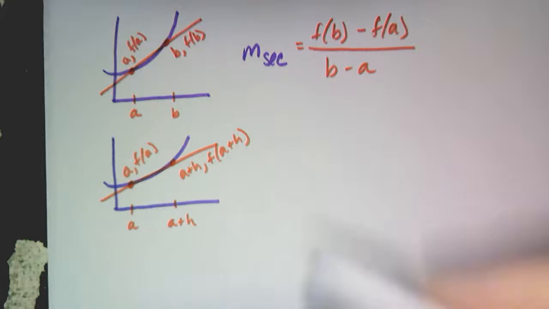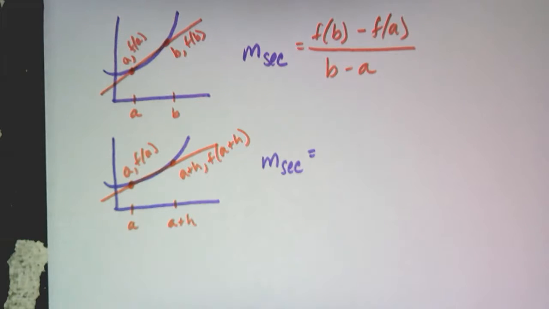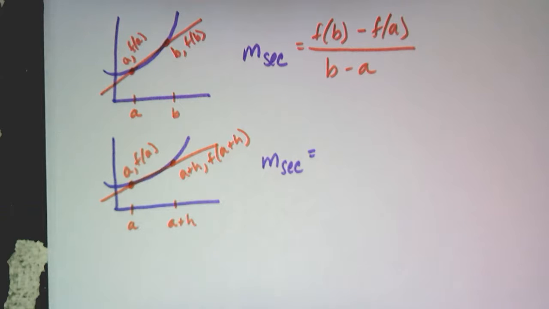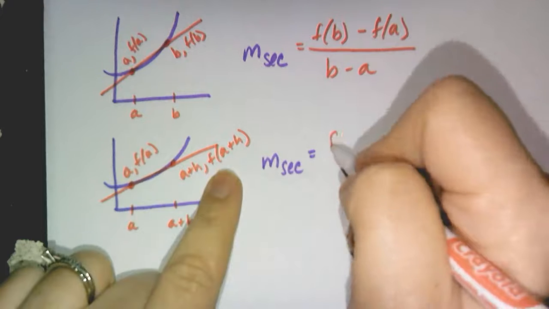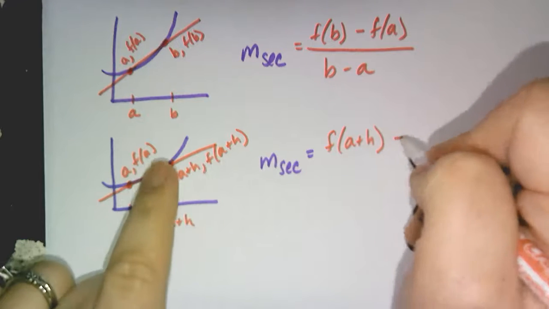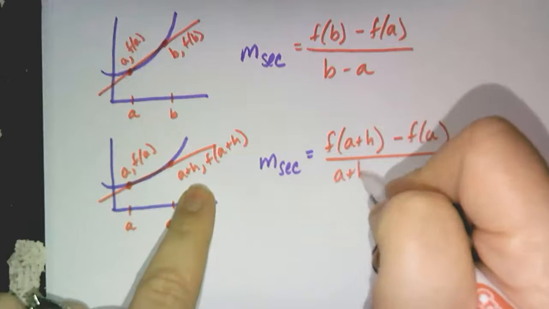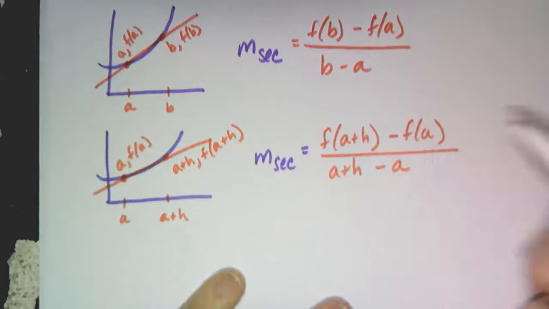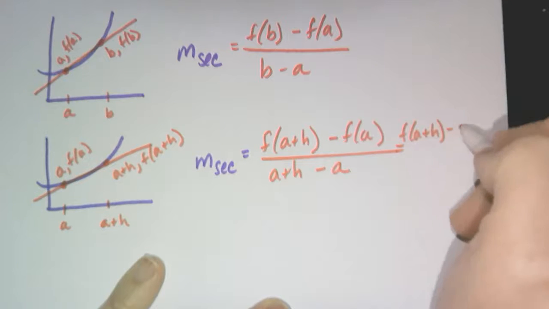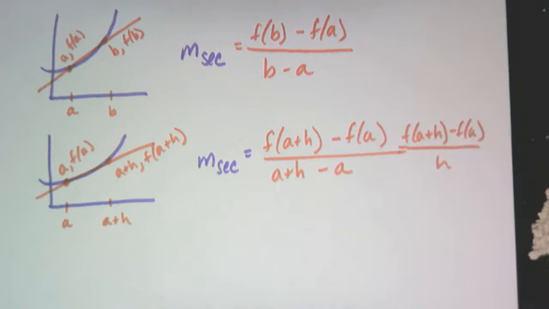Now if I said, find the slope of the secant line for me on this one, just changing up the letter B and now calling it A plus H, a certain amount of units, you'd say F of A plus H minus F of A over A plus H minus A, which is F of A plus H minus F of A over H. Have you seen that before?